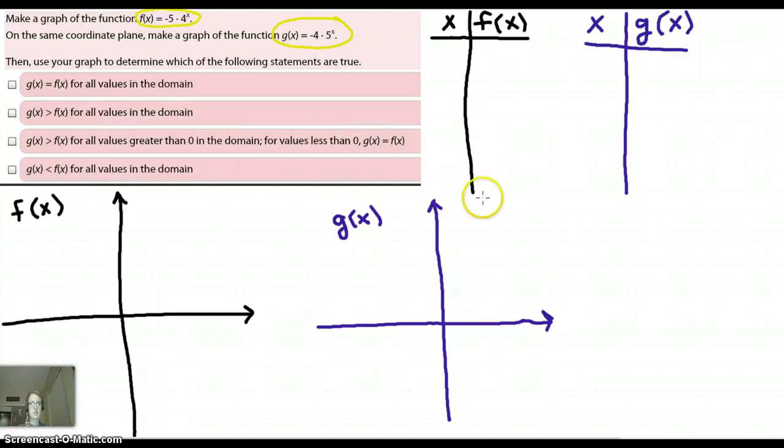So our first equation, f of x. A good one to start with, I love to start with 0 for x.